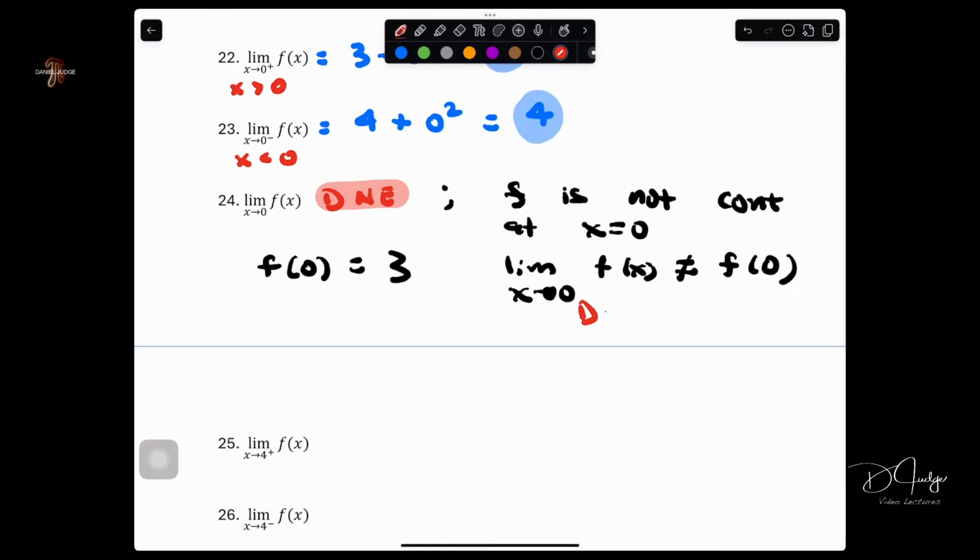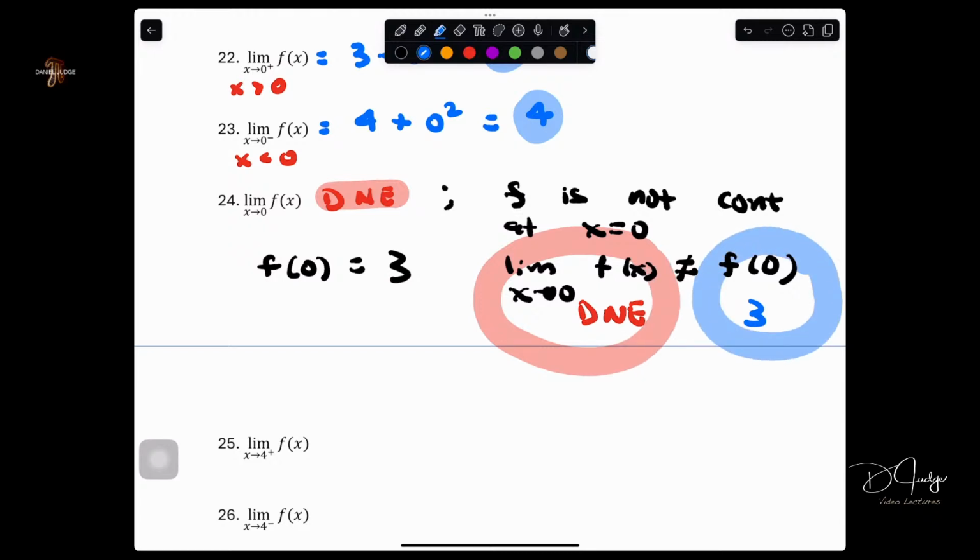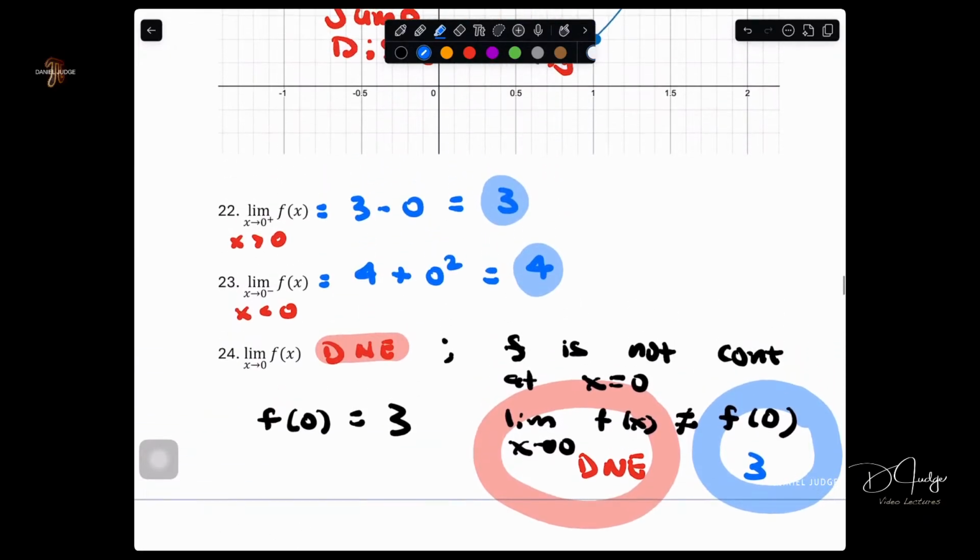We already saw that answer right here. And the value of the function is actually 3. So this is what I want to point out to you in detail. This portion does not exist. And this portion is just 3. So this is not the same. The function's not continuous at x is 0.